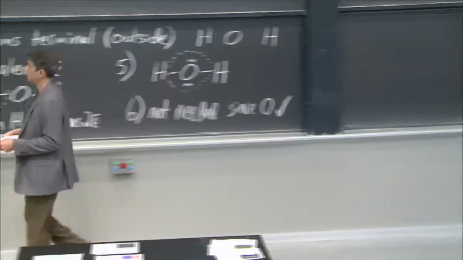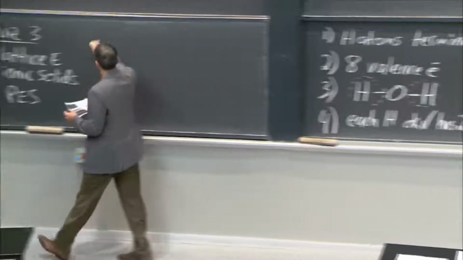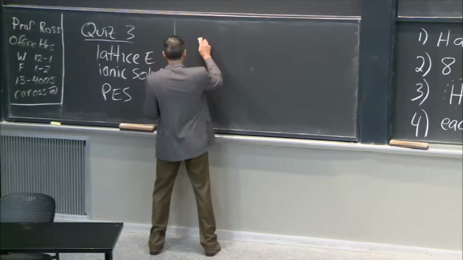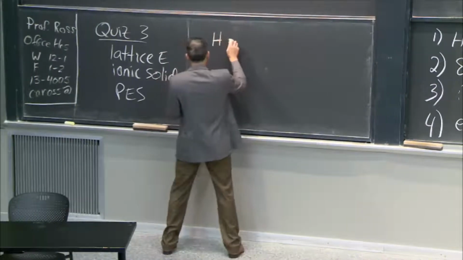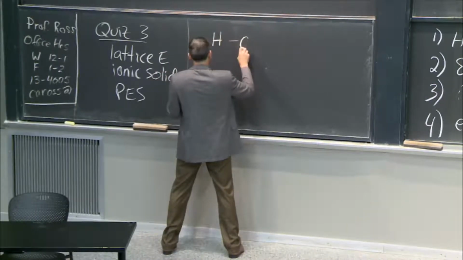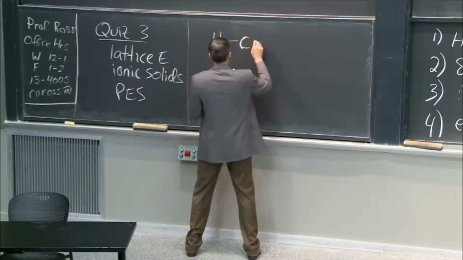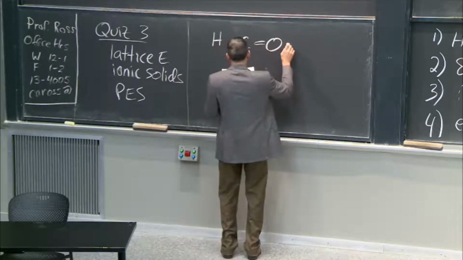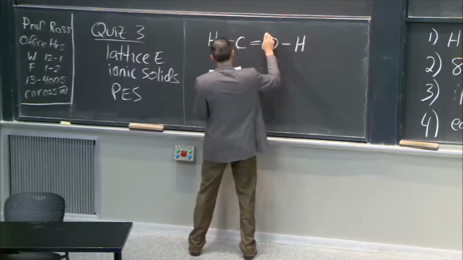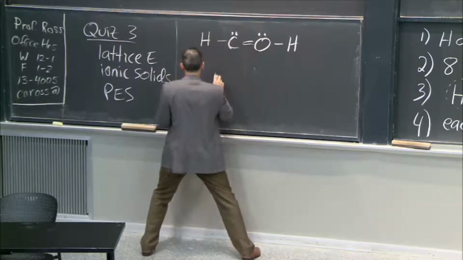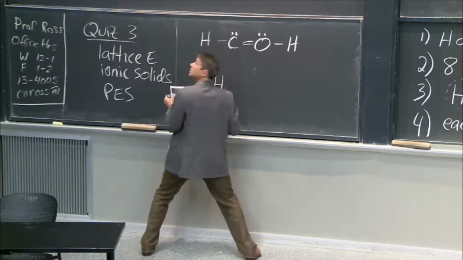So I could draw this like this. HC double bond O hydrogen, and I could put that there and that there, or I could draw it like this. Do I have it this way?